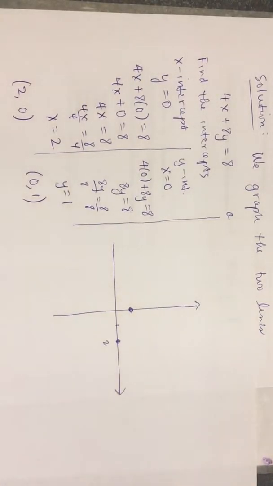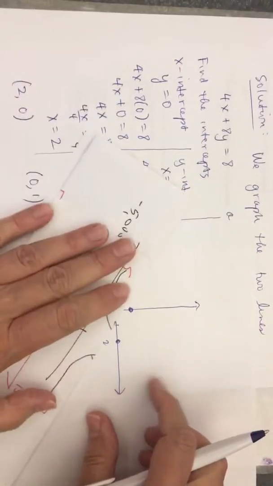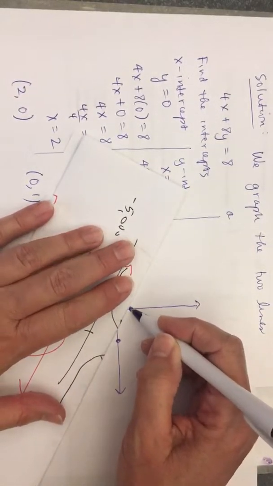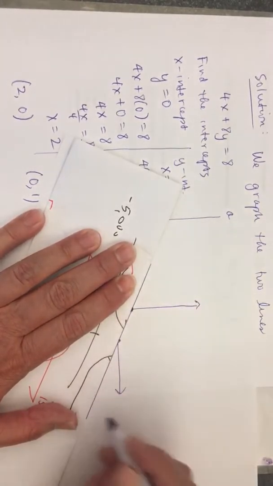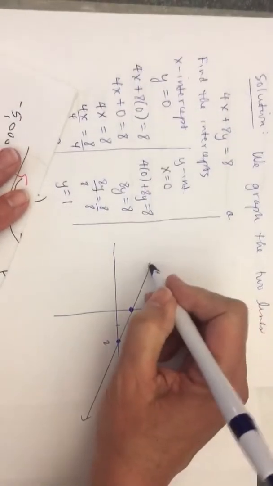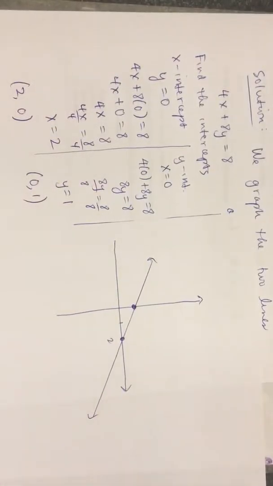And then let me grab my straight edge. This looks like a nice, expensive straight edge. Part of Mr. McKenna's notes that he left. Okay, all right, so there's that line.